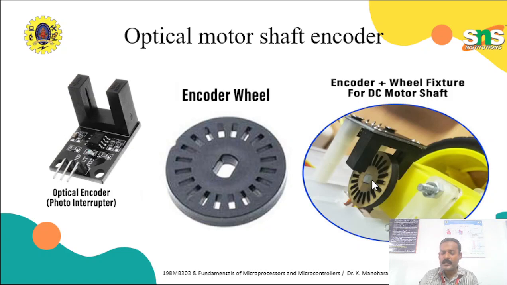For example, if we have 24 holes in this shaft, each rotation I get 24 pulses. Based on that I can measure speed like RPM, revolutions per minute, or RPS, revolutions per second. Everything can be measured depending upon the requirement. Positions can also be measured using this: for example, the beginning pulse, or the 10th pulse, or the 20th, or mid positions can each be measured.